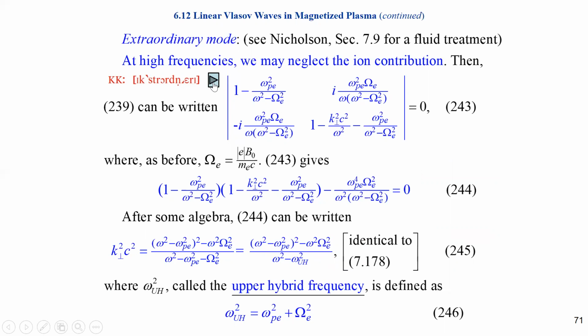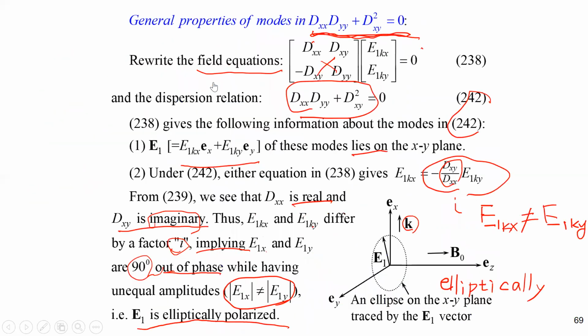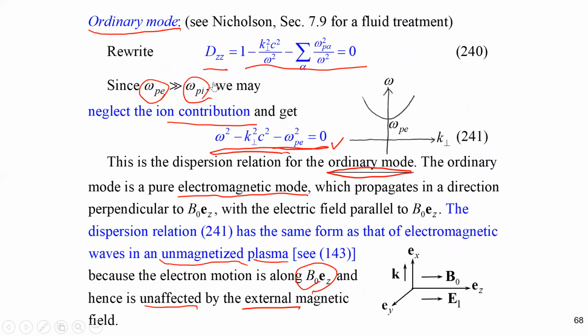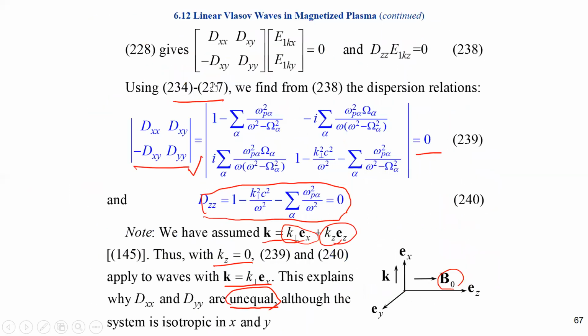We will deal with extraordinary mode, starting from the very similar equation 239. Let's have a look at 239. Okay, this one. That's the determinant 239.